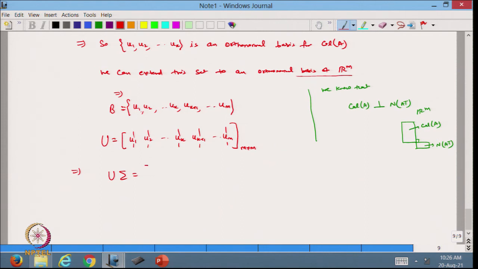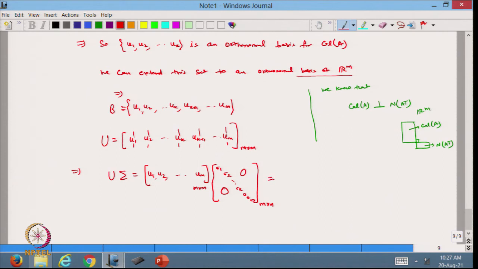Now, U is this one, U1, U2, UM, sigma, it will be corresponding to the largest singular value sigma 1, then sigma 2 up to sigma k, and then I can put the remaining 0 eigenvalues here. And I know that this is of order m cross m and this is of order m cross n.